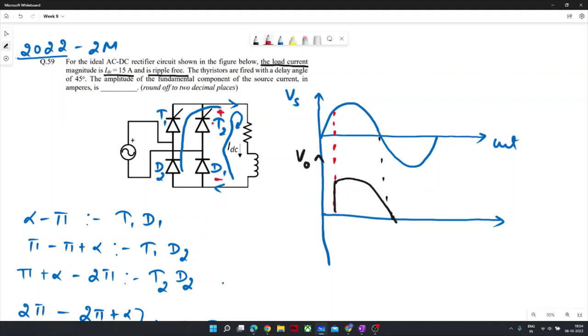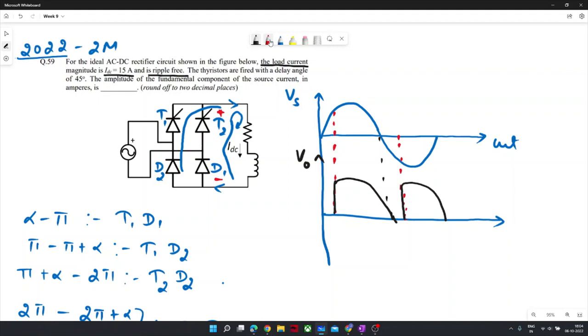So this voltage will be zero when D1 and T2 conduct, and when T1 and D2 conduct. This voltage will end here, and after that, when T2 gets turned on at pi plus alpha, it will follow the same supply but in reverse manner.